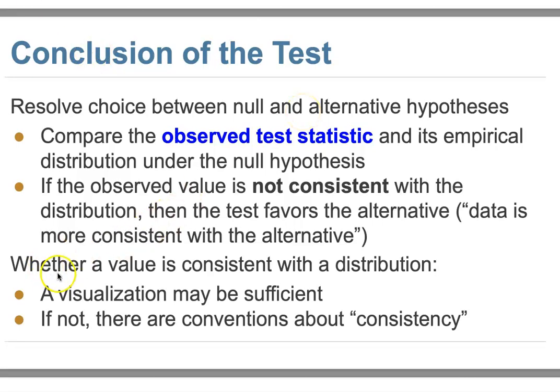Whenever we judge whether a value is consistent with a distribution, it's because we drew the empirical distribution. That's our visualization: we plot the observed data in that histogram, so then we can compare. Usually visualization may be sufficient; if not, there are conventions about consistency.